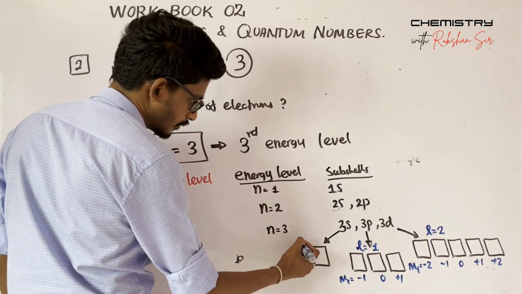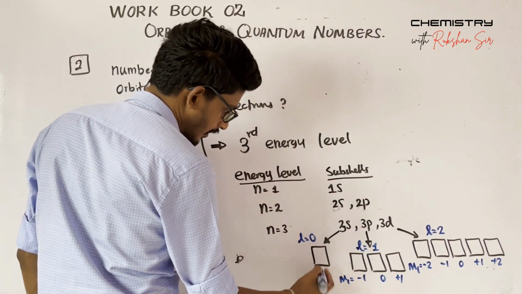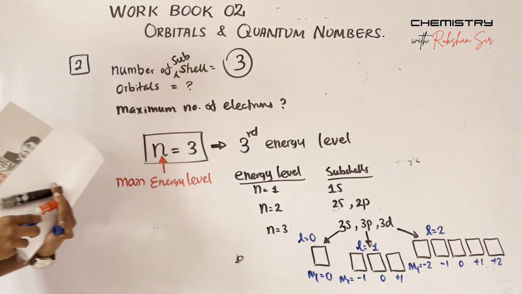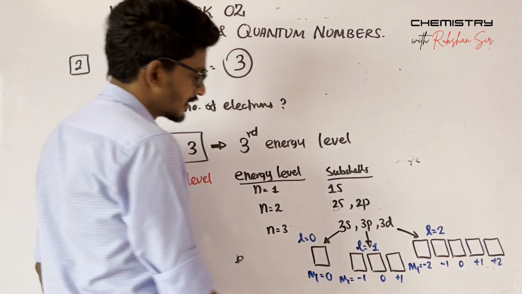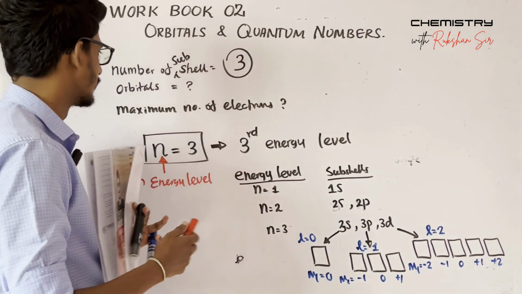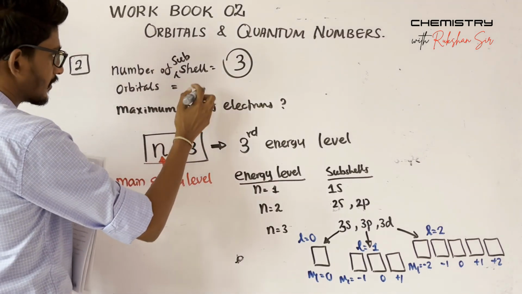For L equal to 0, you have only 1 ml value, ml equals 0. So altogether you have 9 ml values. That means 9 orbitals are available.